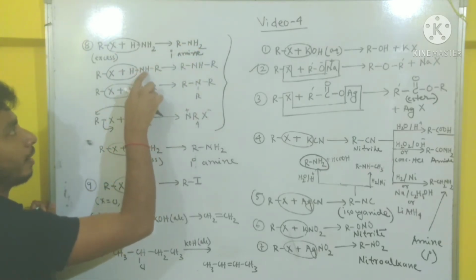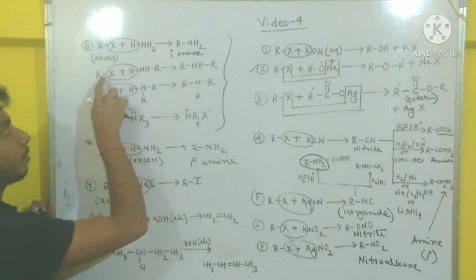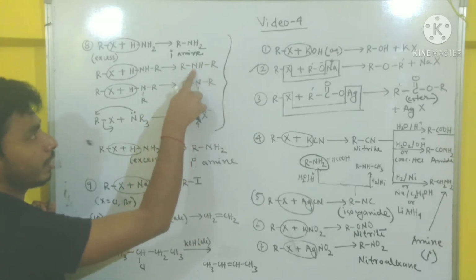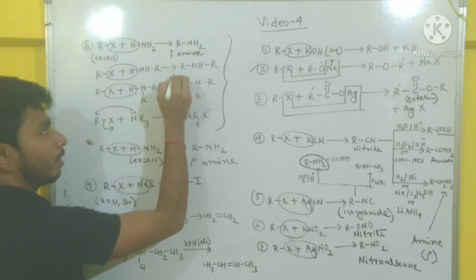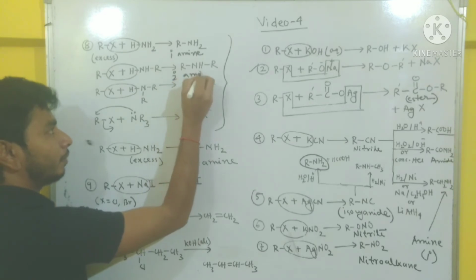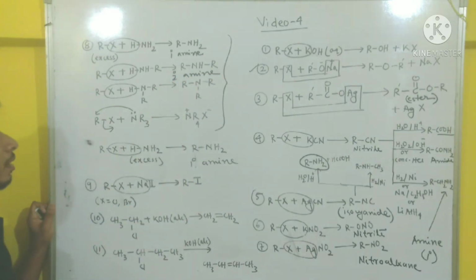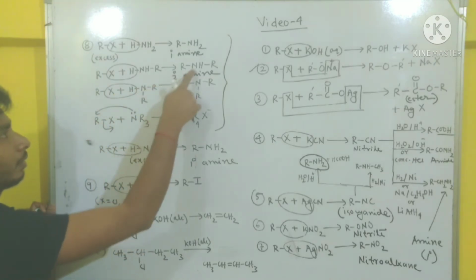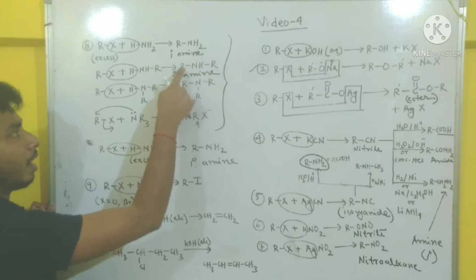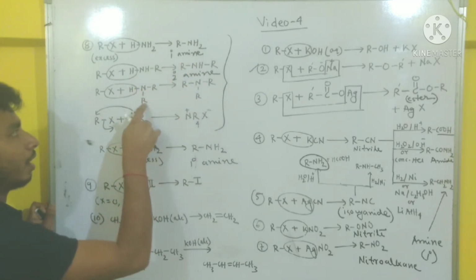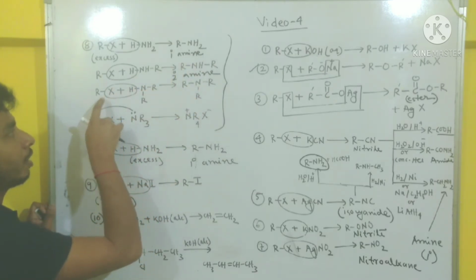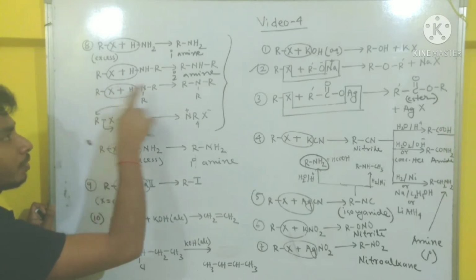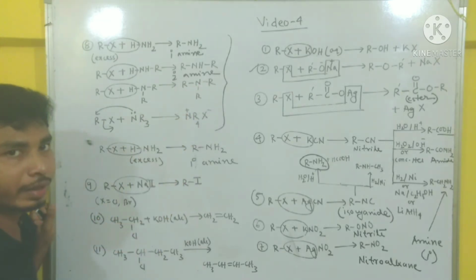So RNH2 reacts with RX, HX is removed, giving RNHR. Nitrogen is now bonded with 2 alkyl groups, so it is a 2 degree amine. Now the alkyl halide reacts with this 2 degree amine, and again HX is removed, so nitrogen is now bonded with 3 alkyl groups.